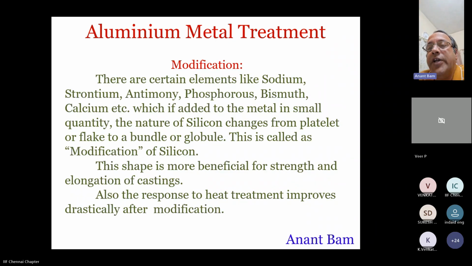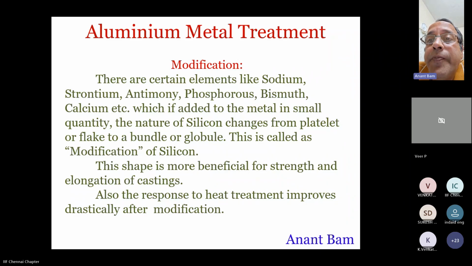There are certain elements like sodium, strontium, antimony, phosphorus, bismuth, calcium, etc., which, if added to the metal in small quantities, change the nature of silicon from platelets or flakes to a bundle or a globule. This is called modification of silicon. Those who are conversant with ferrous foundry practices will find this close to magnesium treatment, where we convert flake graphite to nodular graphite.